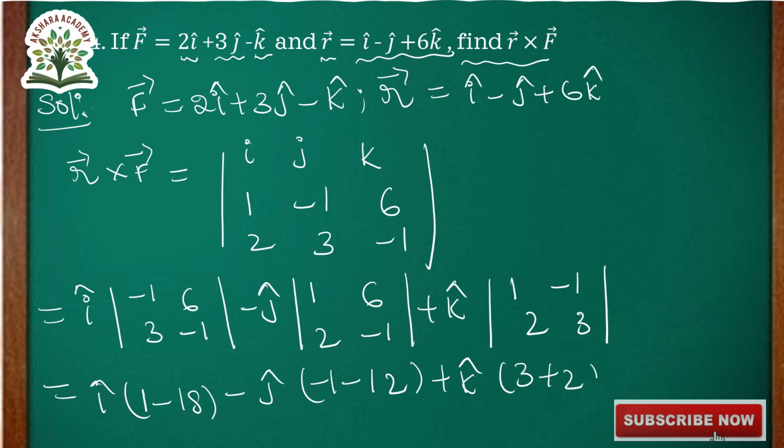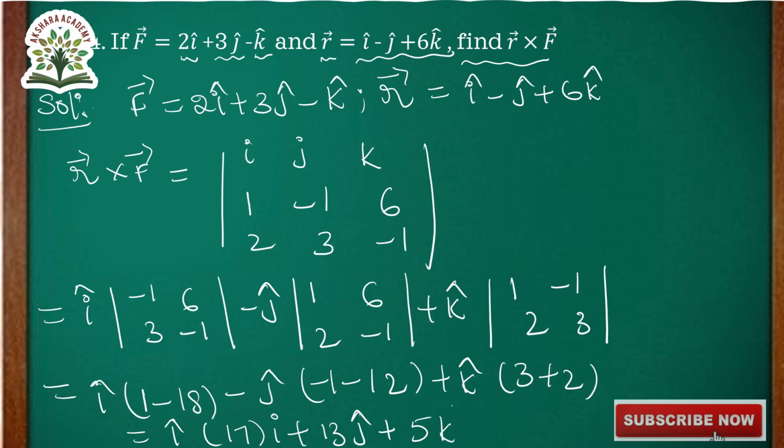So plus 2. That is equal to i cap of 1 minus 18, minus 17i, and minus into minus is plus, plus 13j cap, plus 3 plus 2, 5.